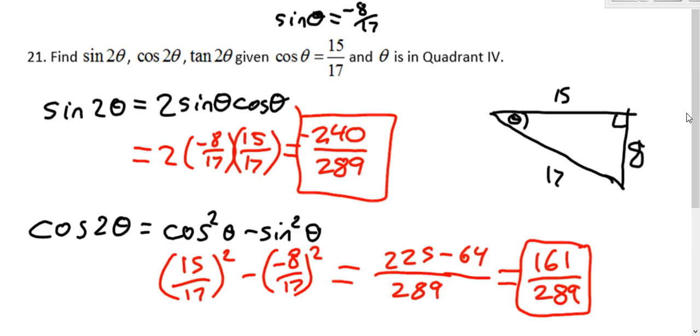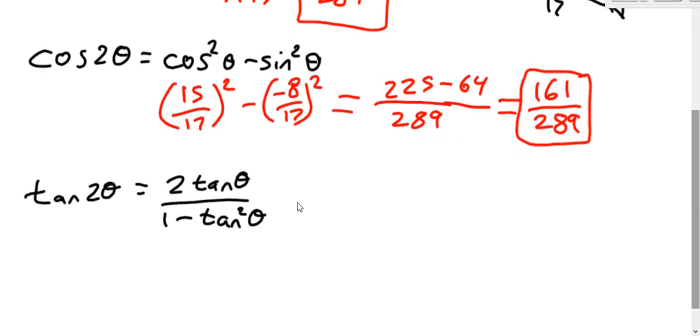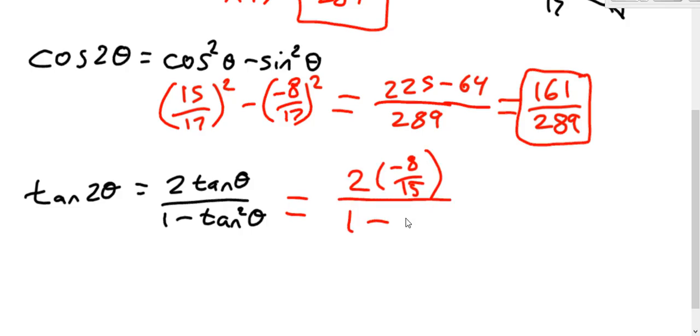Tangent, which is simple enough, it's just opposite over adjacent, so that'd be 8 over 15. And since it's in quadrant 4, tangent is negative. So that's 2 times negative 8 over 15 over 1 minus negative 8 over 15 squared.